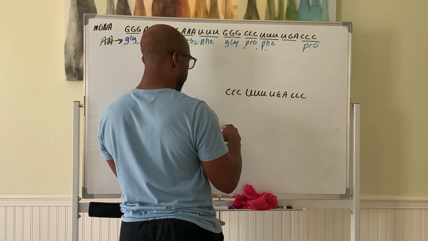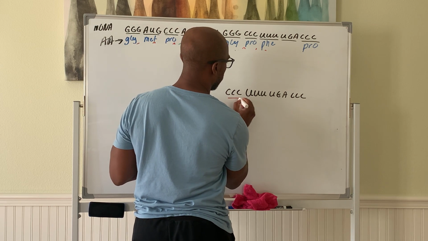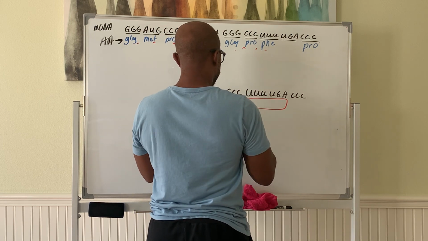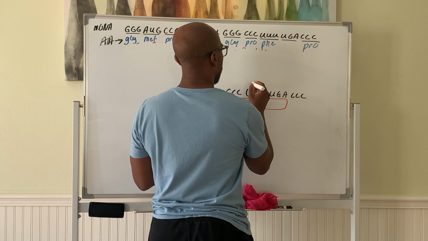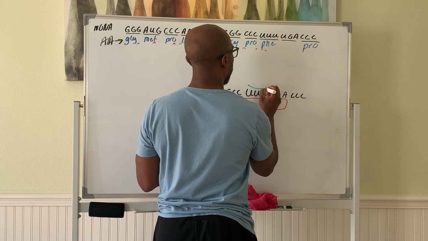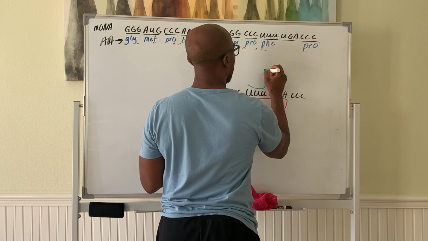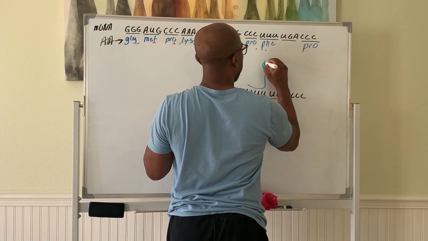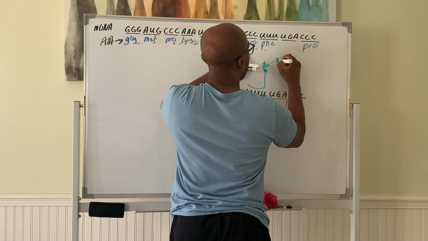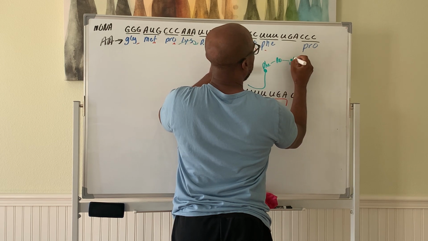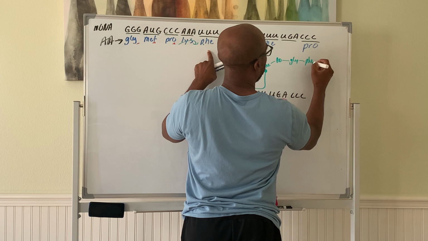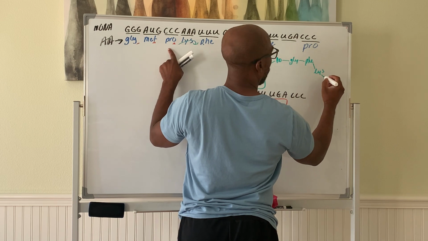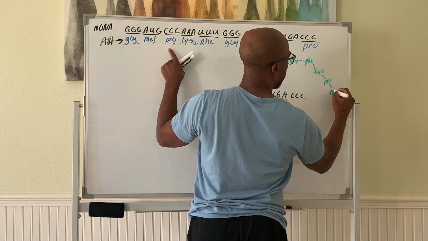So by the time the ribosome gets here, the tRNA that will be in the P site will have attached to it by this point, phenylalanine, linked to proline, linked to glycine, linked to phenylalanine, linked to lysine, linked to proline, and linked to methionine.